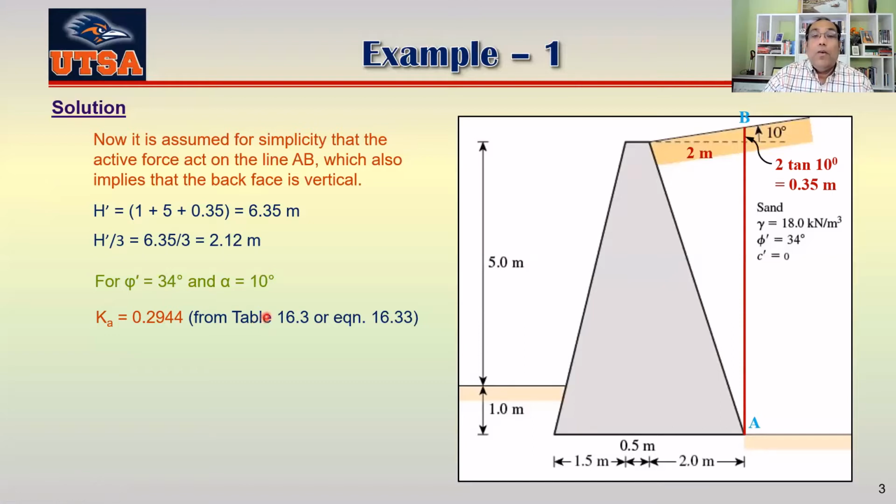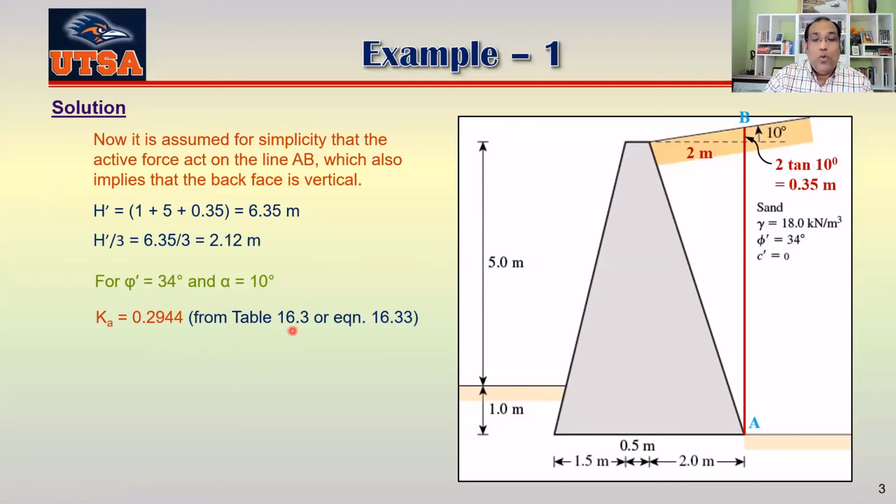One more important thing here: even though the back face is not vertical, since we are assuming that the active force is working on line AB, which is vertical, we assume here that the back face is vertical.